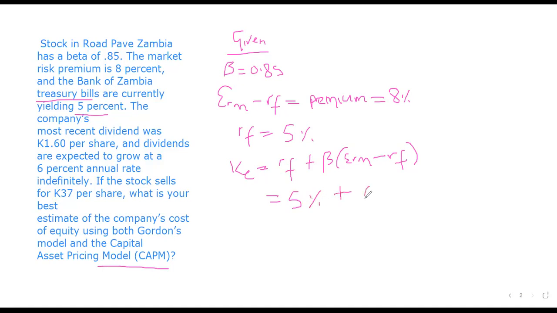The beta is what? 0.85. And our premium is what? 8%. What becomes our cost of equity?